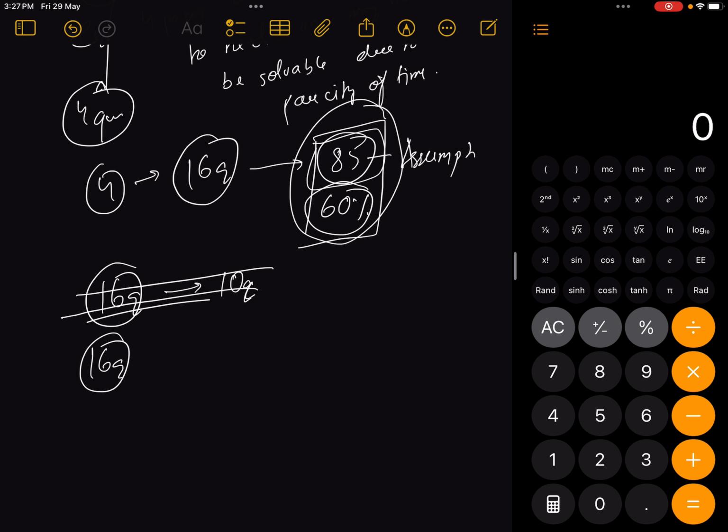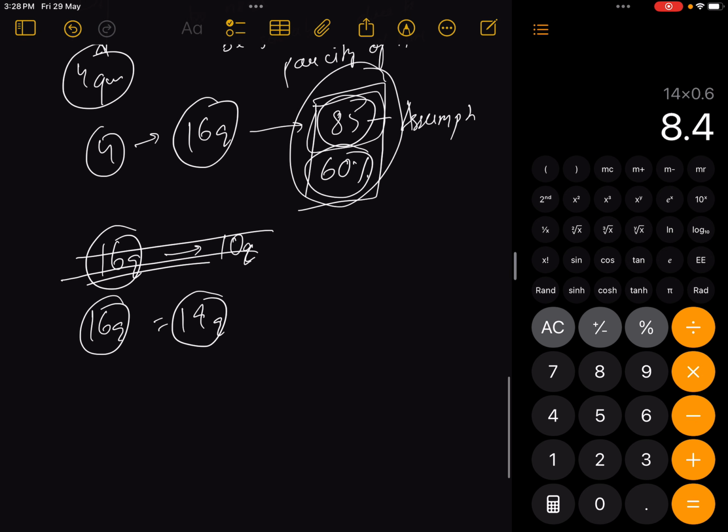That would be 16 into 0.85, so nearly 14 questions they might have attempted. And then 14 into 0.6 is the number of correct questions. So they would have gotten 8 to 9 questions correct. Let's assume it to be 9.